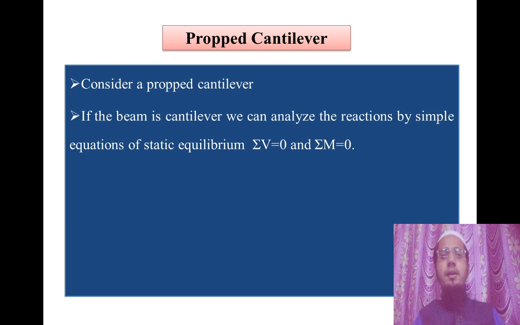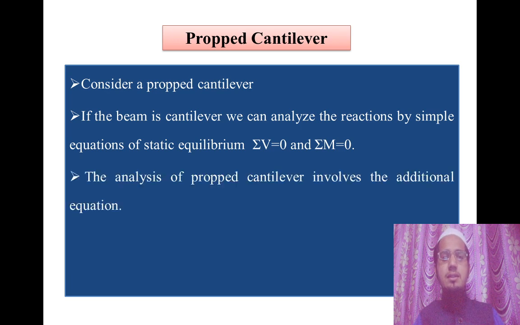Now what will happen in the case of a propped cantilever? What is the difference between a cantilever and a propped cantilever? In a propped cantilever, the free end is supported by an additional support.